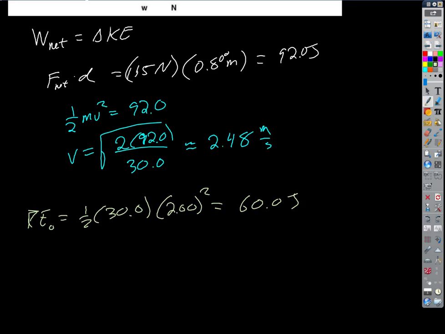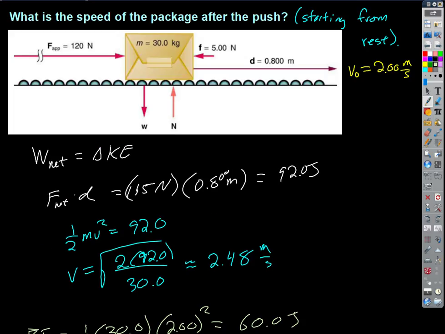So if this had some initial velocity, but I applied a net force of 115 newtons through 0.8 meters, the change in kinetic energy is the same regardless of what my initial kinetic energy is, right?